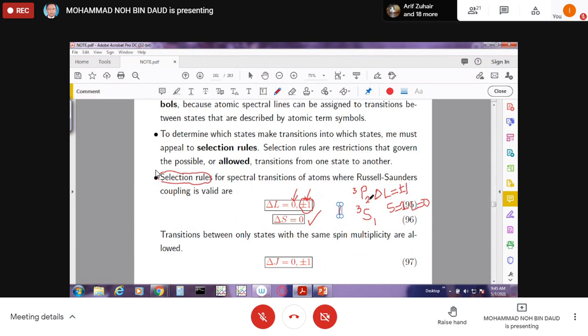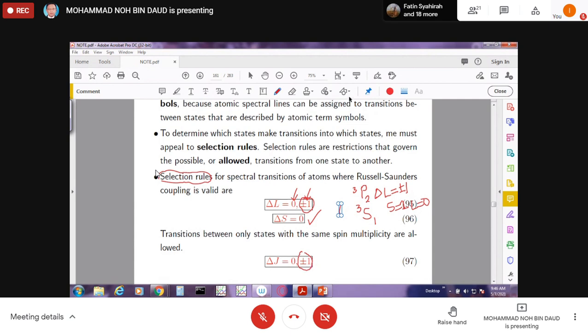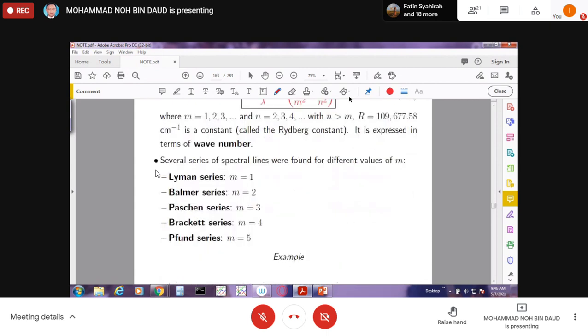This transition again is allowed, because here the delta J is plus minus 1, so this is J 2 minus 1 or 1 minus 2. So you get this plus minus 1. Okay, you can read another example.